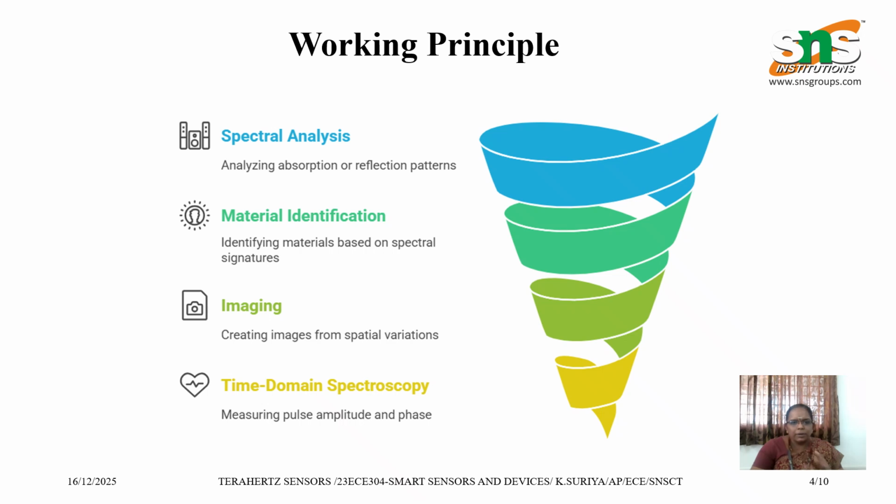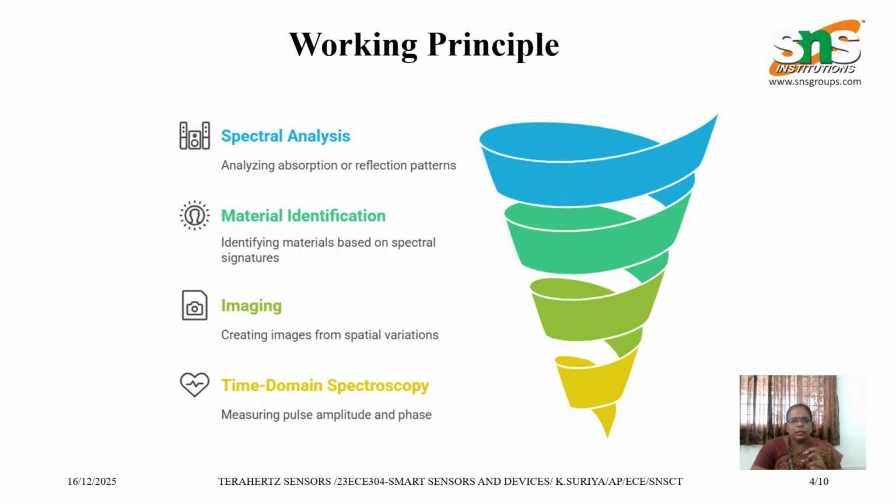So the sensing relies on the interaction of the terahertz radiation with matter. Many materials exhibit unique spectral fingerprints in the terahertz range due to vibrational and rotational modes of molecules.